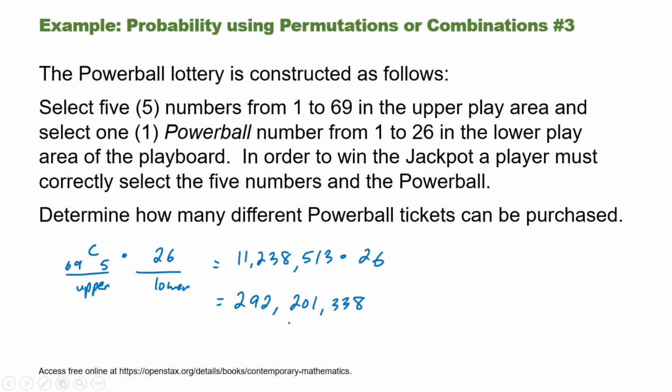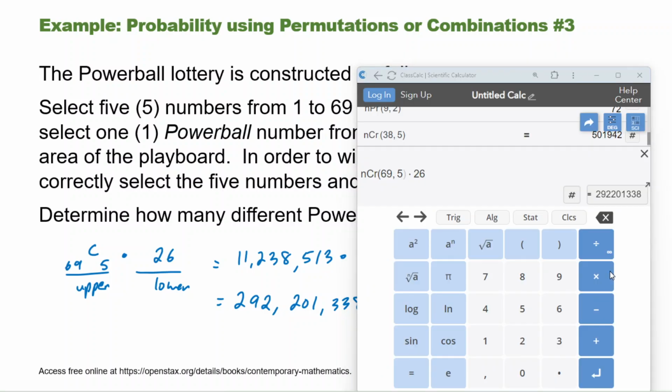And if you're interested in what the probability of winning said game is, we know there's only one winning possibility here. And so we'd say 1 out of that value. So the probability would be 1 divided by 292,201,338. And without actually finding that value, I'll go ahead and do that actually.